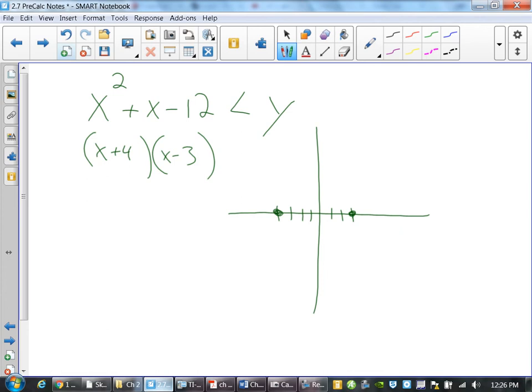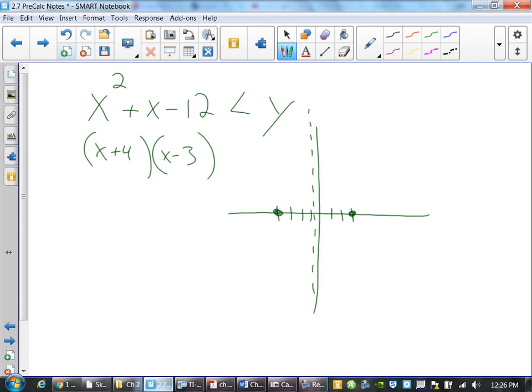It's up like a cup. Where's the axis of symmetry? Negative half. It's the halfway point between the zeros, negative 4 and 3, which is negative 1 half. So I know that somewhere in here is that axis of symmetry, and then I would be able to find my vertex and whatnot.